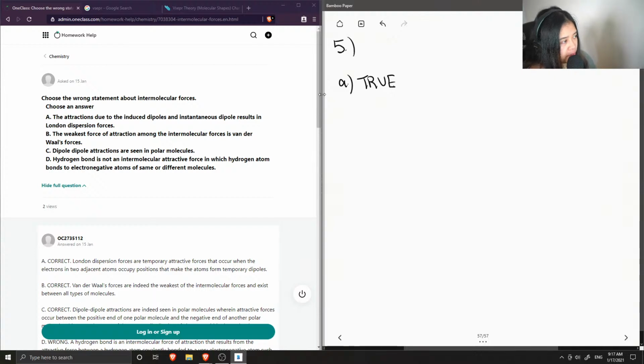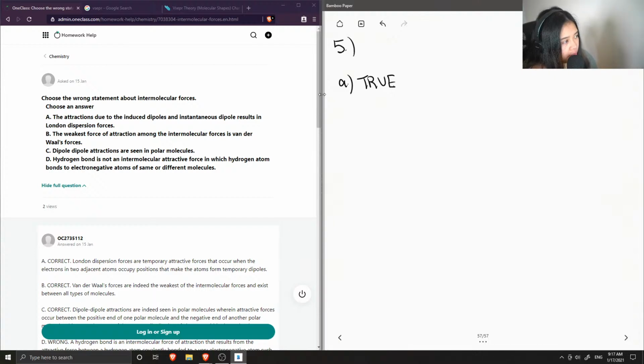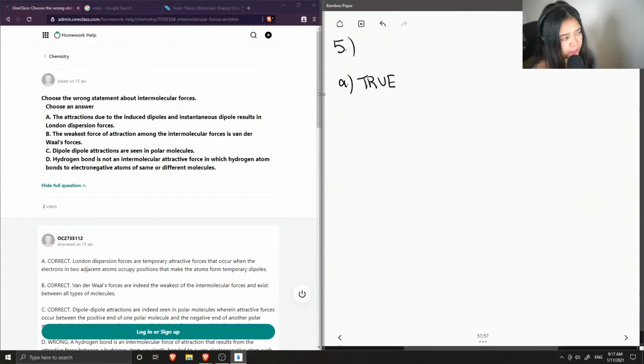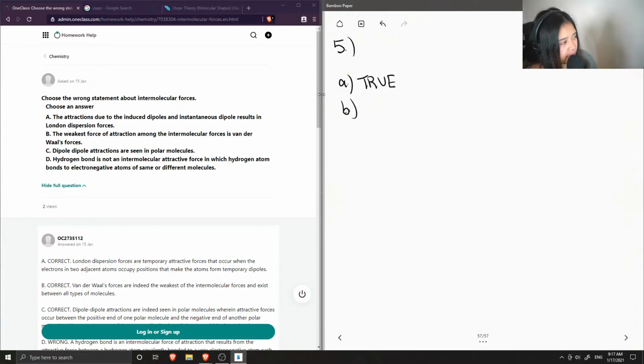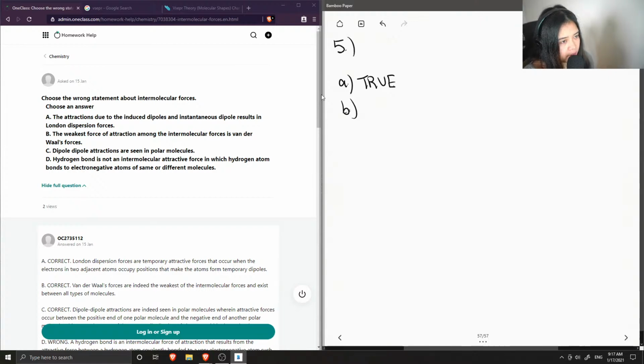London dispersion forces are caused because of this temporary attraction when the dipoles are induced, and it actually takes place in all molecules. So let's look at B. The weakest force of attraction among the intermolecular forces is van der Waals forces. So this is true as well.